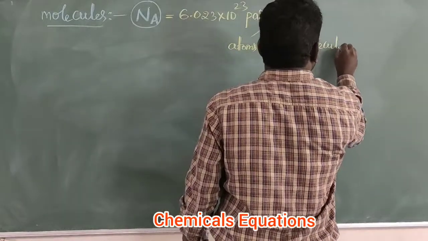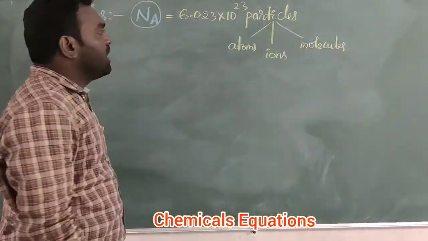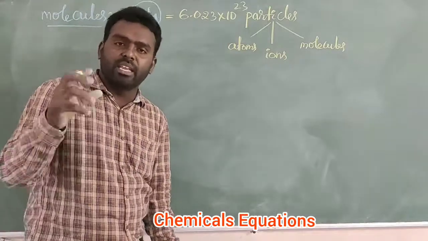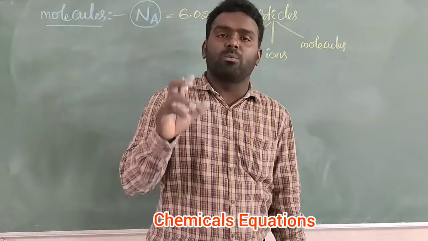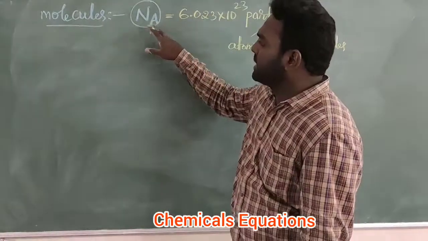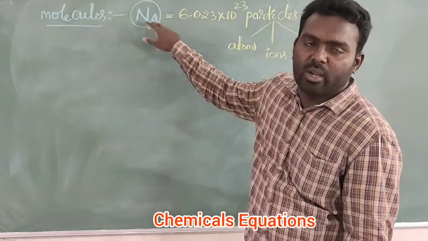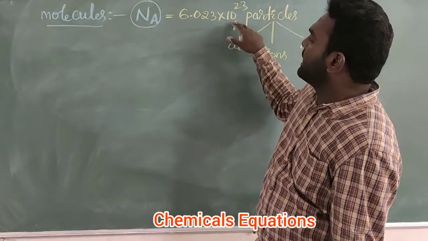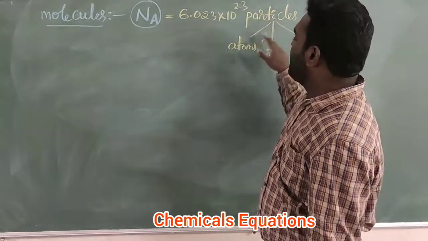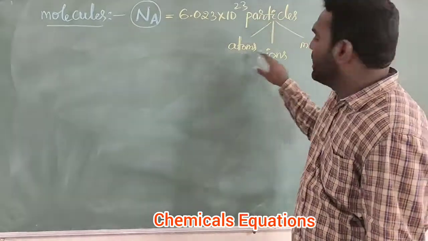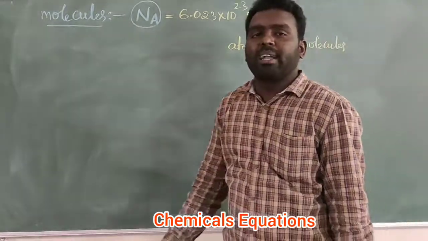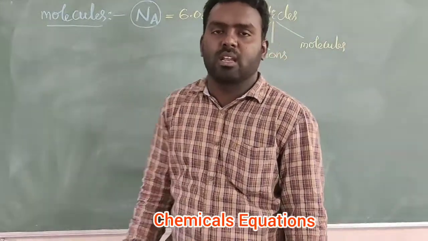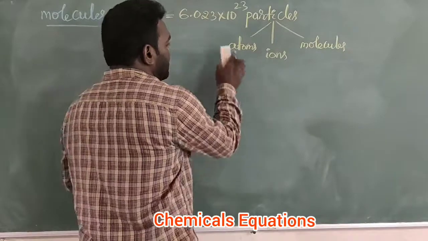So 1 mole of any gas or any material contains Avogadro number of particles. N suffix A, where A means Avogadro and N means number, is 6.023 into 10 to the power of 23 particles, which are either atoms or ions or molecules.